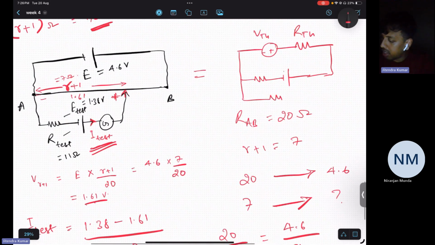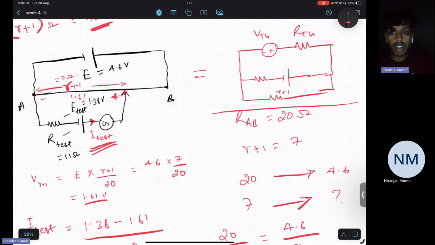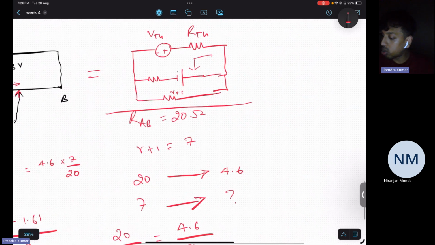And one parallel R plus 1. So I have drawn an equivalent circuit to find out RTH. So RTH will be seen across this. Okay. Did you get it, Niranjan? This part? Yes. Now we need to calculate RTH.